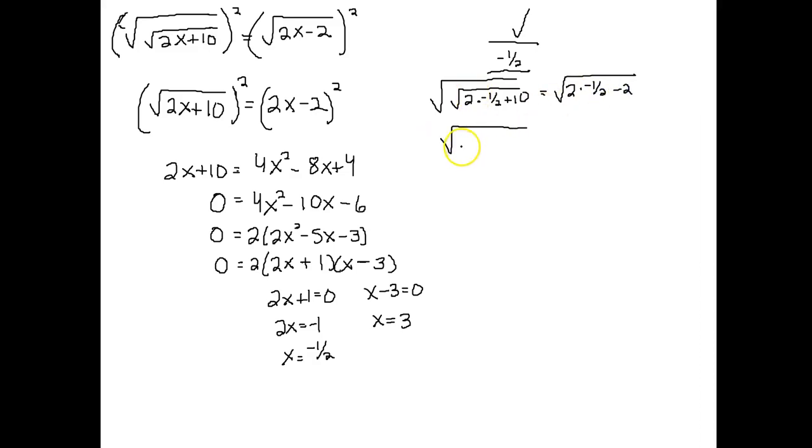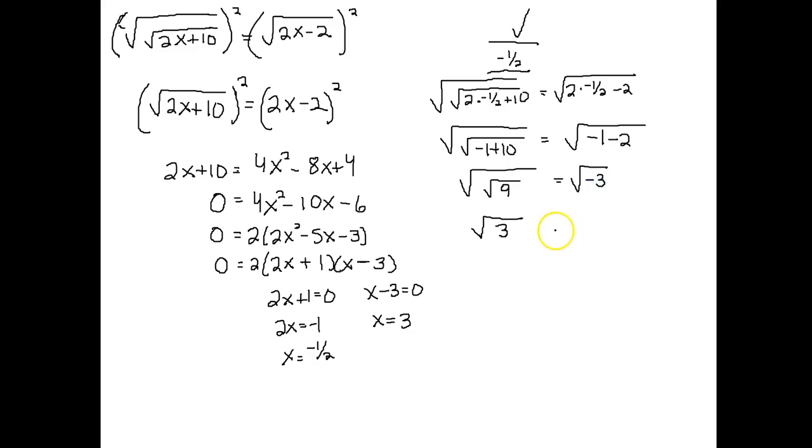On the left side, you've got the square root of the square root of negative 1 plus 10, so the square root of the square root of 9, so the square root of 3. Right side, you've got the square root of negative 1 minus 2, the square root of negative 3. Yikes! Doesn't work. So that's not one of our solutions. That has to get tossed.